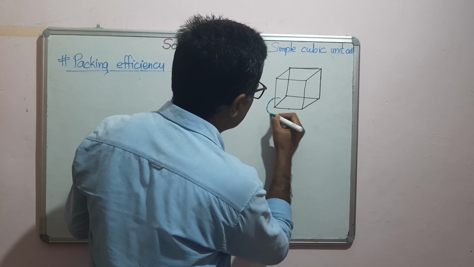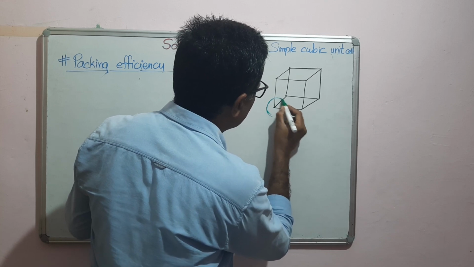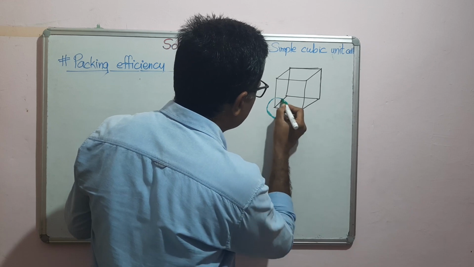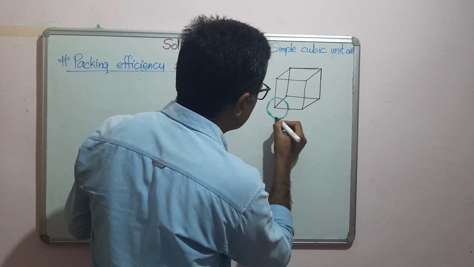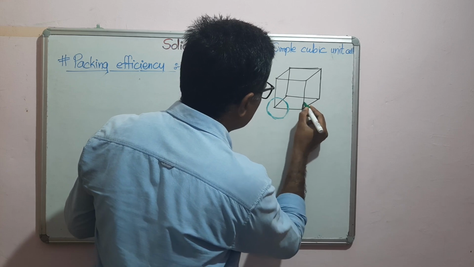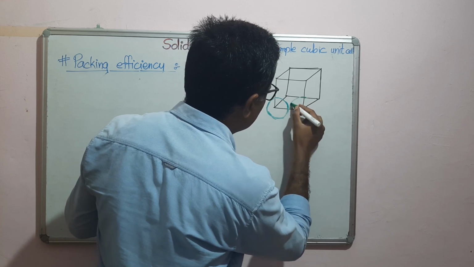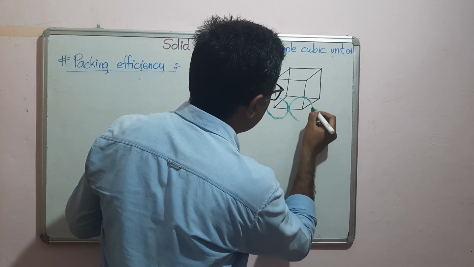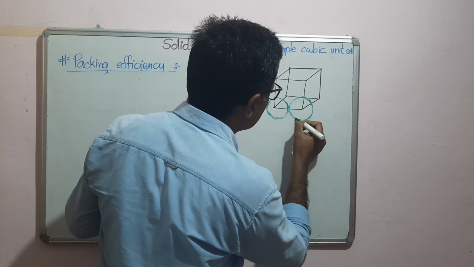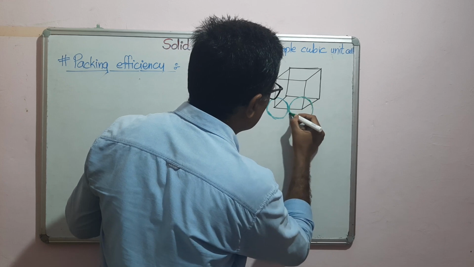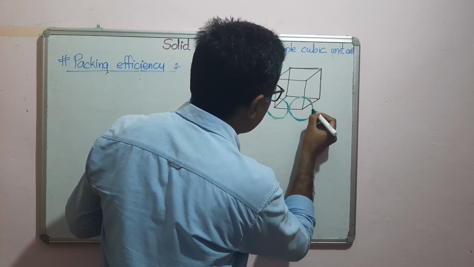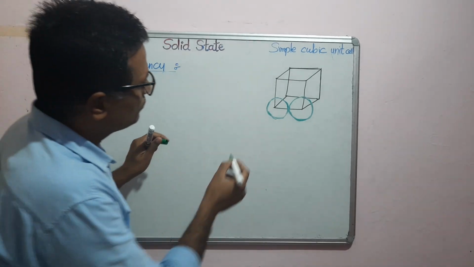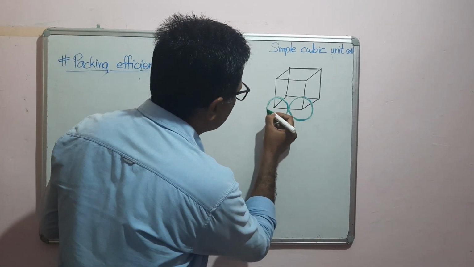So that is about your simple cube. 8 particles are present at the 8 corners. I will show you particles at 2 corners, and these particles are exactly touching each other. Along the edge the particles are touching each other. So this is the simple cube.